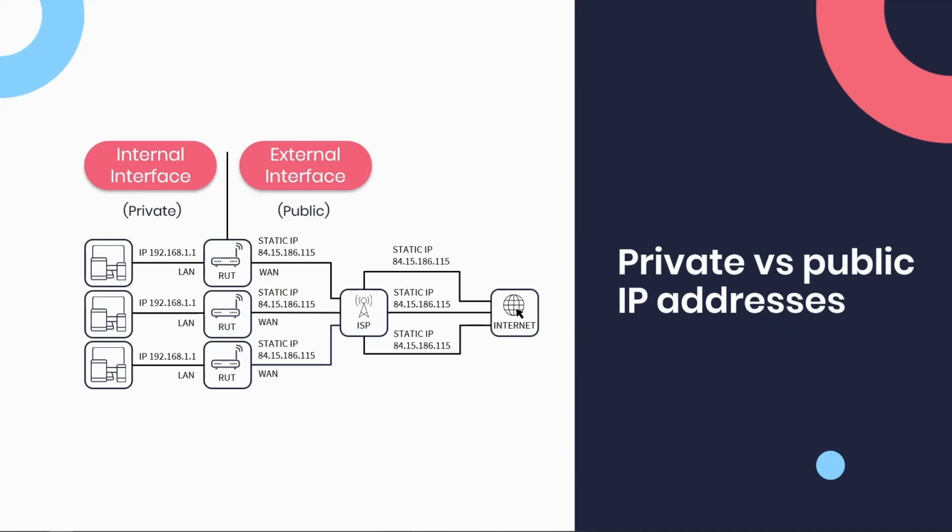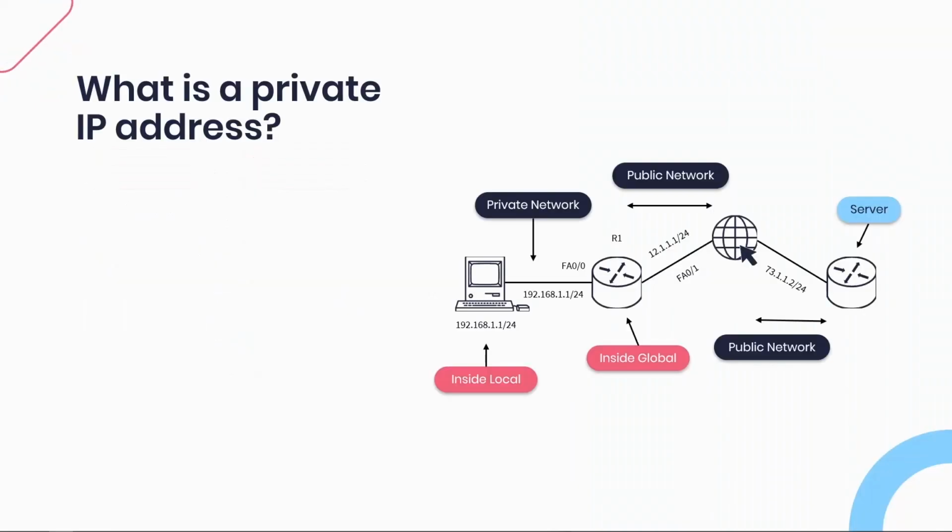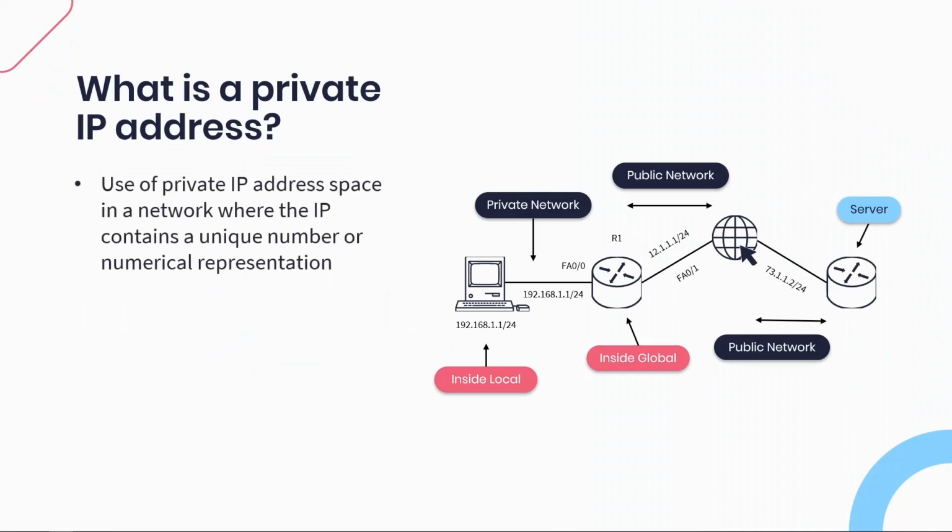For starters, let's discuss the difference between private and public IP addresses. A private IP address can be viewed as the use of a private IP address space in a network, where the IP contains a unique number or numerical representation that identifies specific devices on the network.